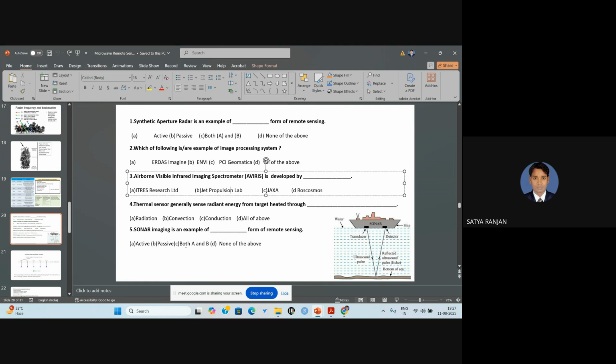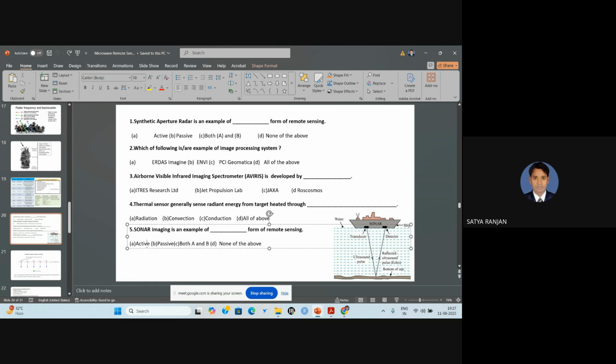Then a sonar image is an example of which form of remote sensing? This is the example, and this is the image present in the sonar area. Basically this sonar technology is used in the ocean areas, and sonar sensors are there in different ships. So is it active or passive?